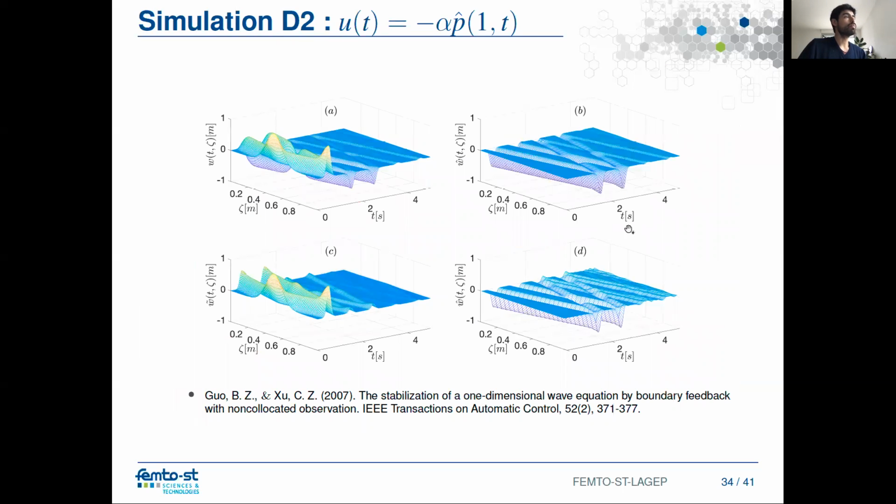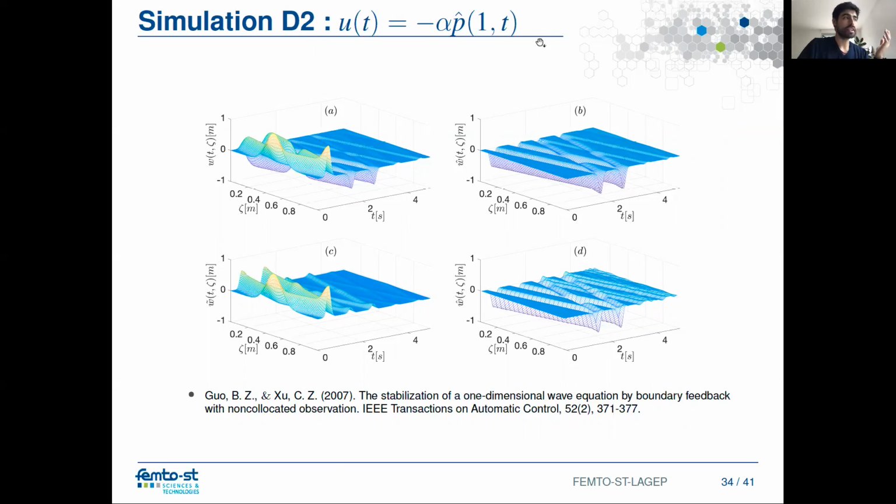And a more interesting problem that we are not dealing with in this paper, but it's something interesting, is that with the same observer, we can control the string in a non-collocated way, meaning that we control the other side from the one we are measuring. We measure at 0, but we control at 1.